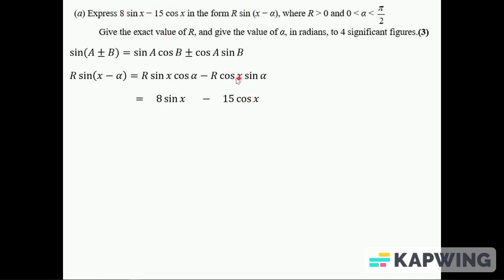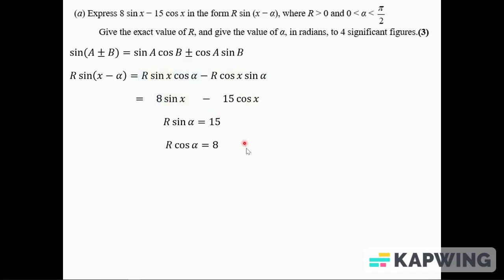This is the cos x term, so these are going to match up with each other. So that R sin alpha must be equal to 15 if they're going to match up, and the same with the sin x term. R cos alpha must be equal to 8.